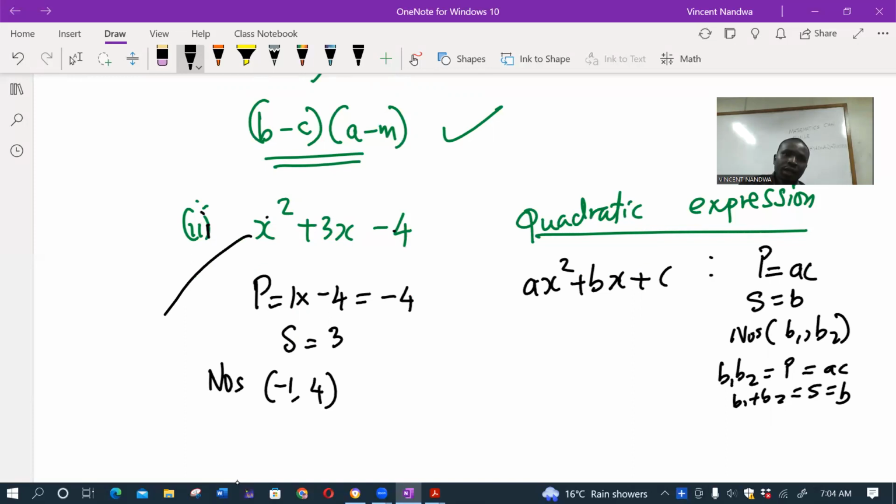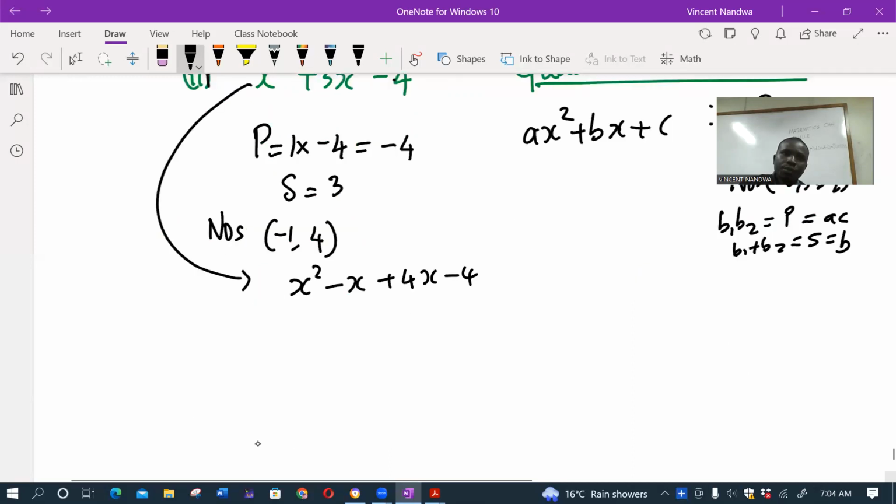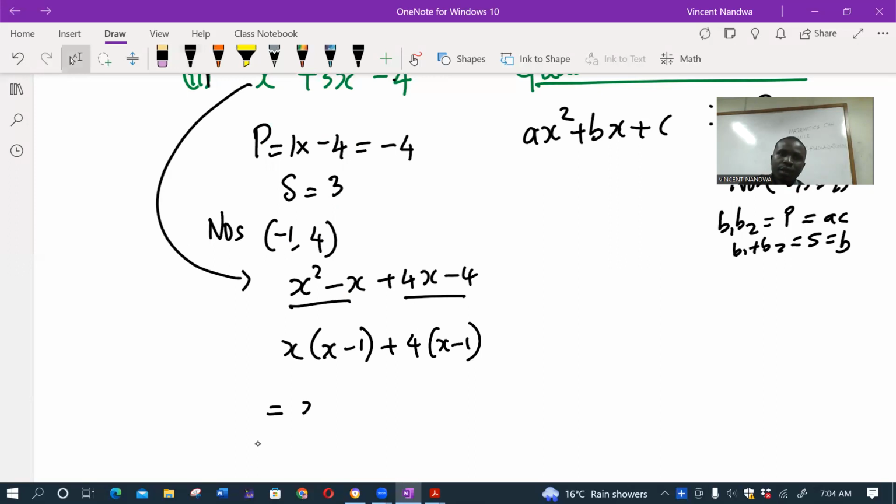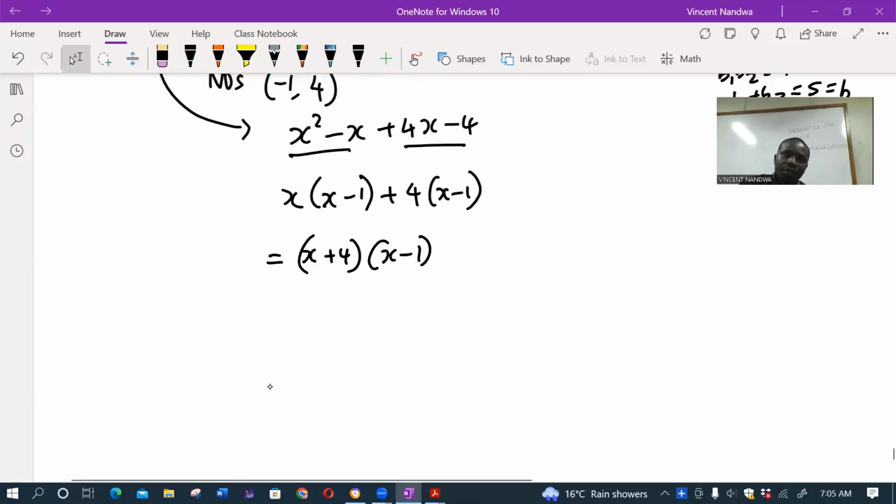So we'll write this as x squared minus x, using these 2 numbers to write the middle term, and then plus 4x minus 4. Now this and this are paired. So I'll have x into x minus 1 plus 4 into x minus 1, which will give you x plus 4 times x minus 1. So therefore, the factorization of x squared plus 3x minus 4 is x plus 4 times x minus 1.